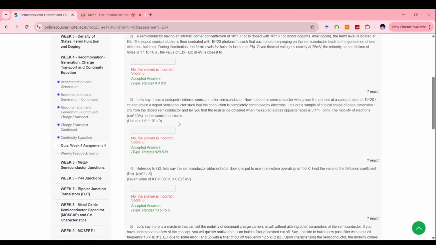The mobility of electrons, that is we need to find out then mu n in this semiconductor, is question mark, and they have also given the value of q, that is 1.6 into 10 to the power minus 19.